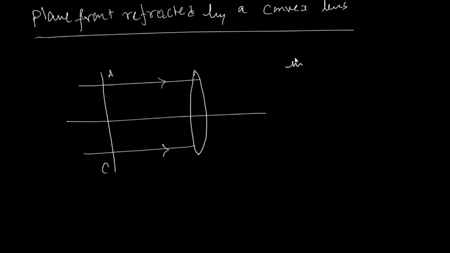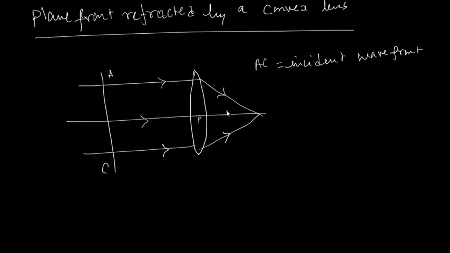Which is the incident wavefront? AC. So AC is the incident wavefront which is perpendicular to the direction of propagation of light, and through the principal axis it goes, and this is the pole of the lens, that is the center point of the lens, and being a converging lens it gets converged at the focal point like this.